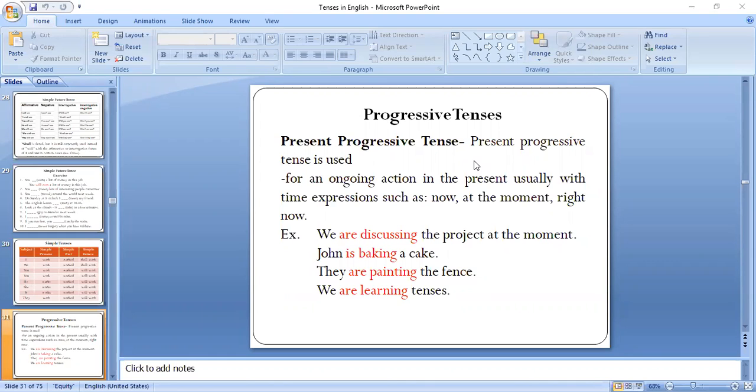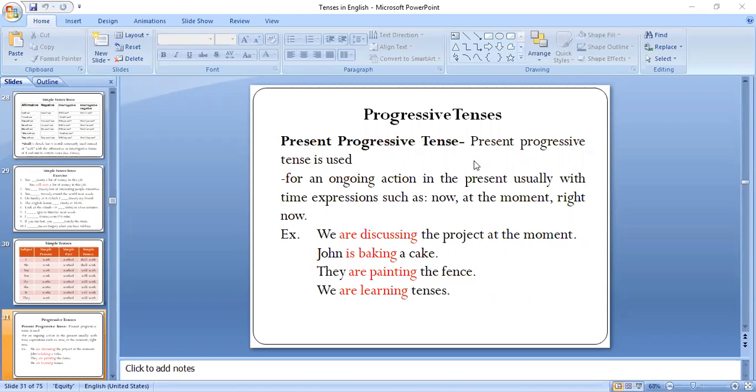Present progressive tense is used for an ongoing action in the present, usually with time expressions such as now, at the moment, right now. म्हणजे जी घटना आता या वर्तमान काळात चालू स्थितीत आहे, सुरू आहे, ती संपलेली नाही, एंड झालेली नाही.